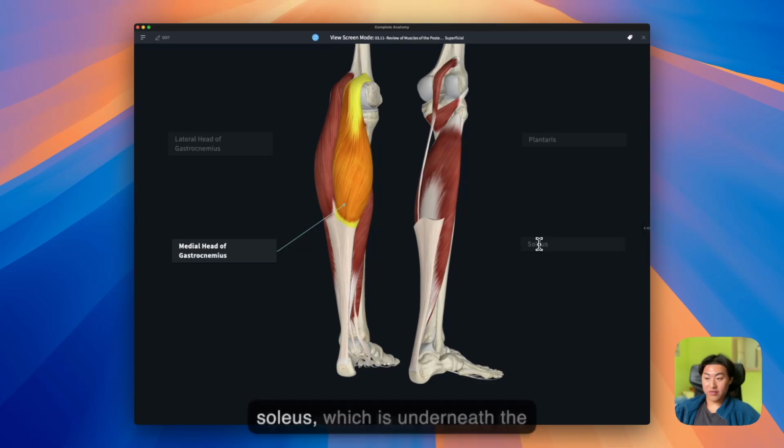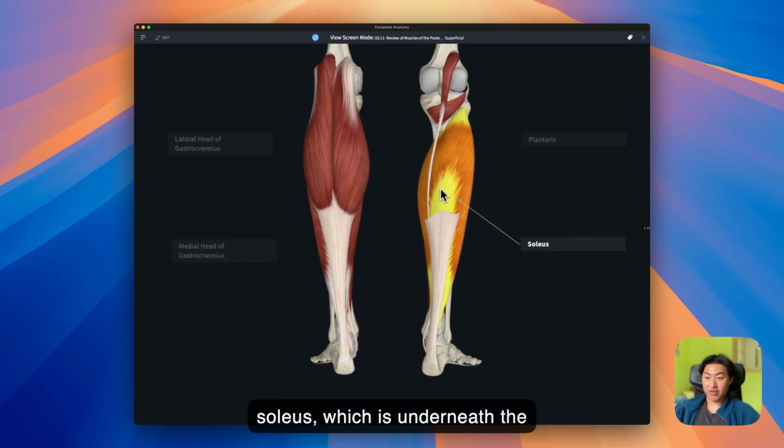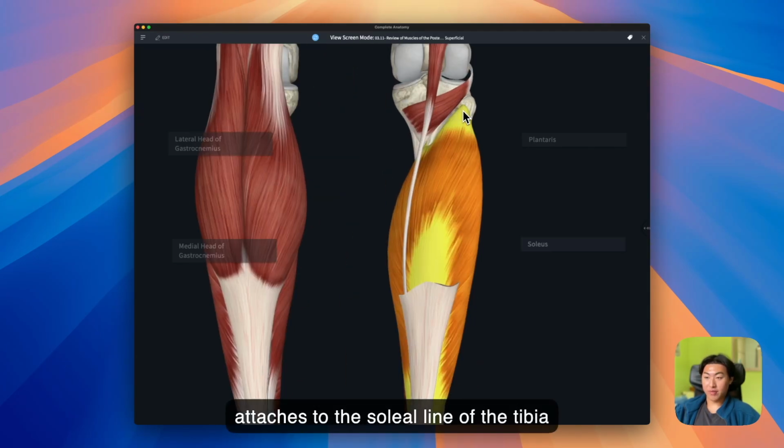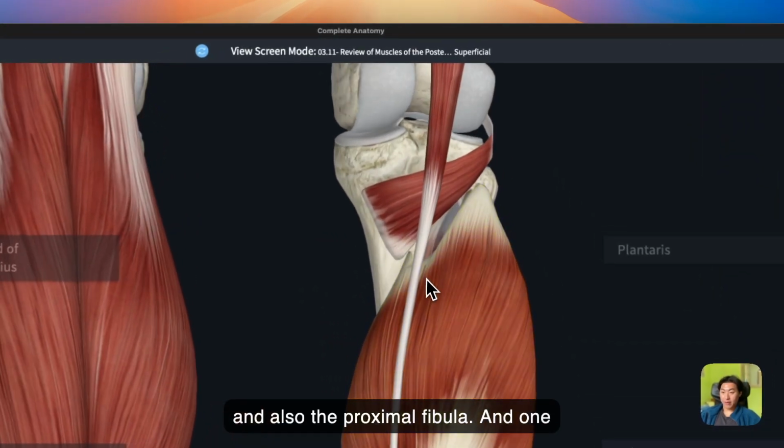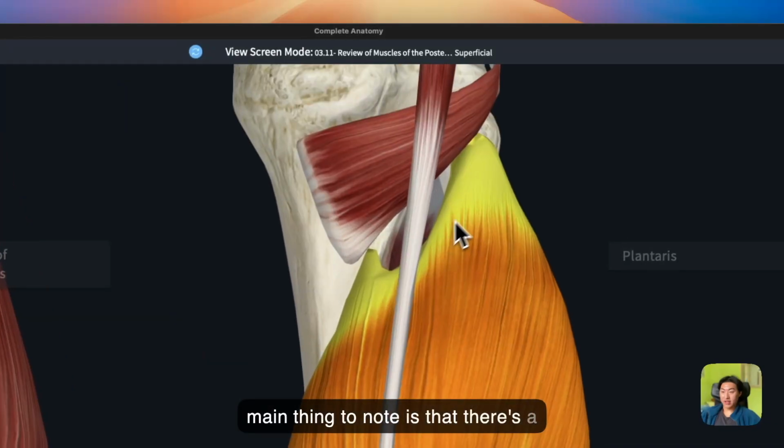Next, we have the soleus, which is underneath the gastrocnemius. So the soleus attaches to the soleal line of the tibia and also the proximal fibula. And the one main thing to note is that there's a tendinous arch between the tibia and fibula.